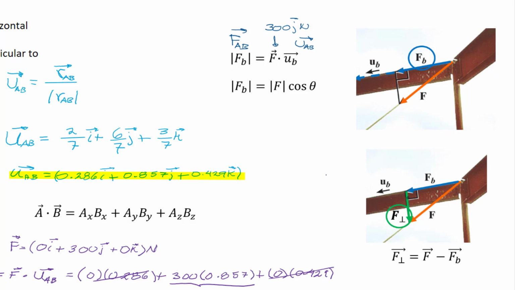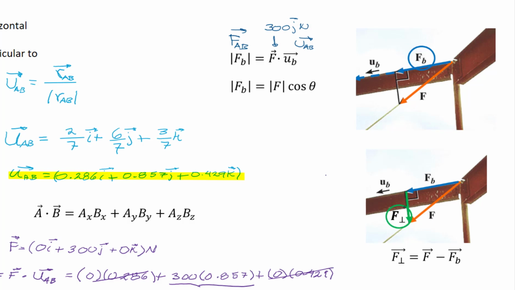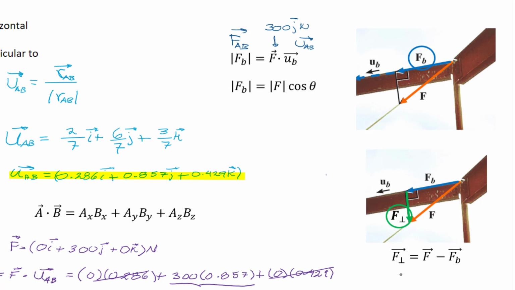Graphically, it is represented by an arrow that goes from tip to tip of my vectors. If I'm subtracting F minus FAB, my arrow goes from FAB to F. So this is the formulation that I have here. My F perpendicular to the line is equal to my F minus FAB.